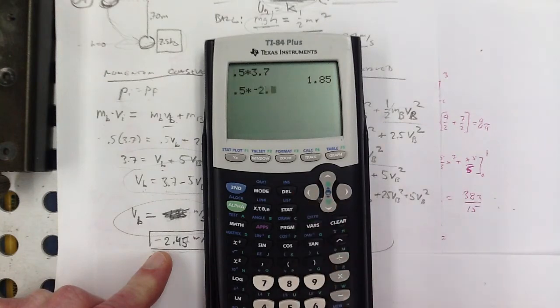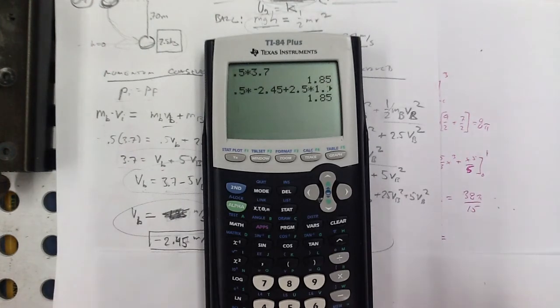Because momentum is a vector, plus the mass of the block times its velocity after the collision. 1.85. All right, so that's good.